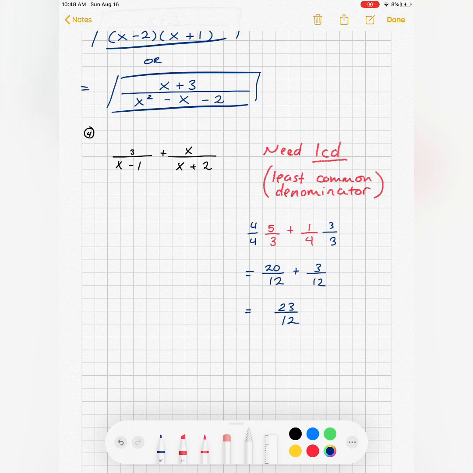So I'd have to do the same thing with this one. So let's see, I'd have to multiply the first fraction by x plus 2 top and bottom. Because I'm multiplying by the same thing top and bottom, I'm not actually changing the value of the expression, because I'm just multiplying by 1.